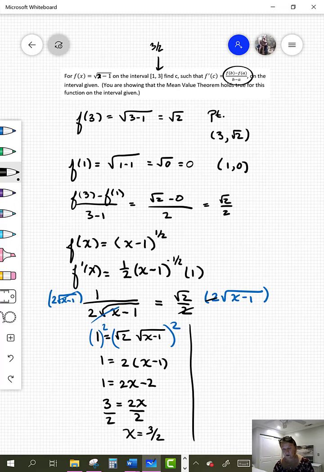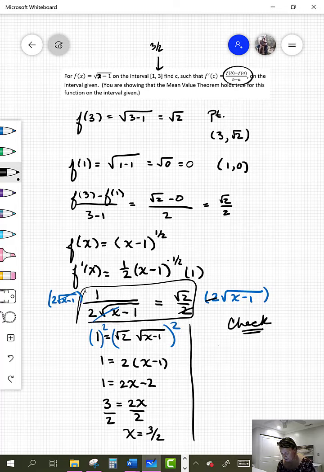So let's just check. So if I plugged it in to this, is that a true statement? So is 1 all over 2 square root of 3/2 minus 1 truly equal to root 2 over 2?